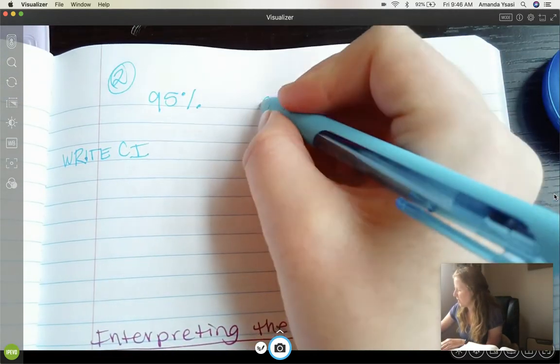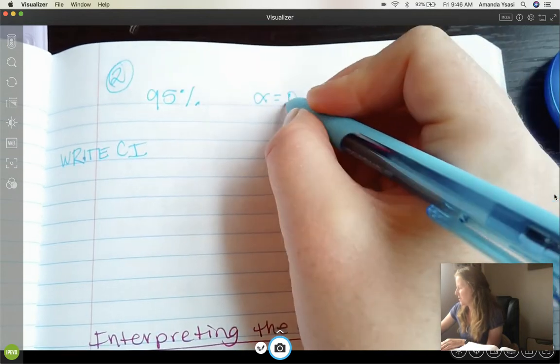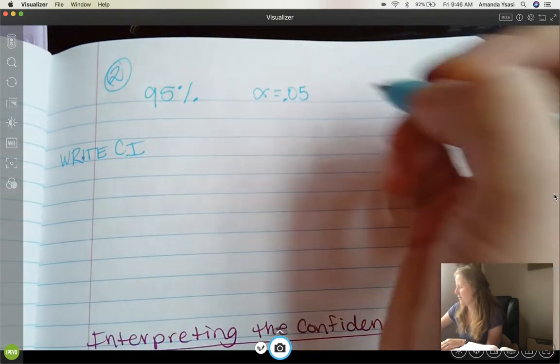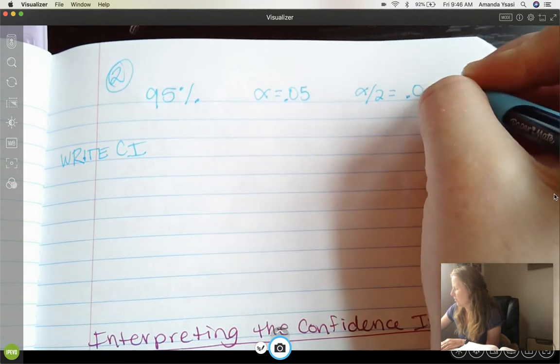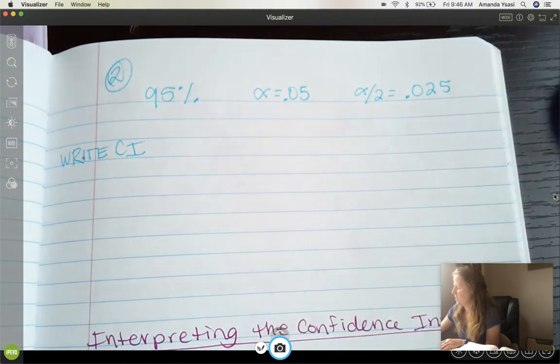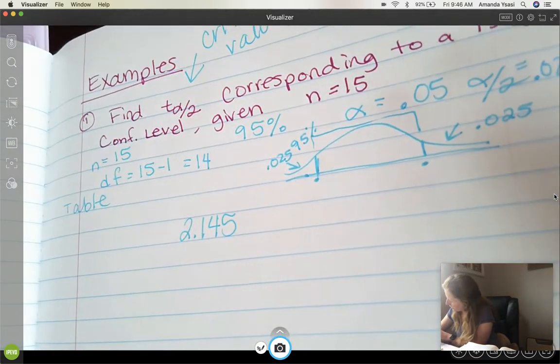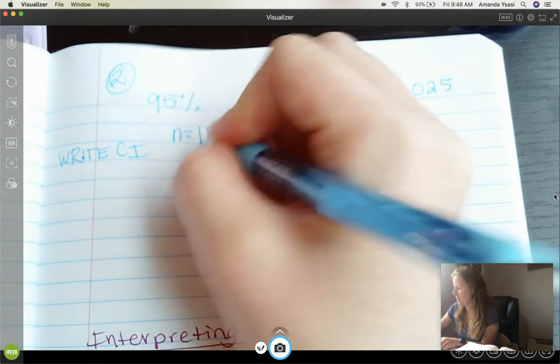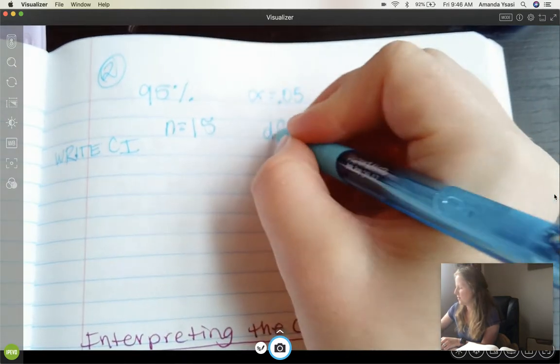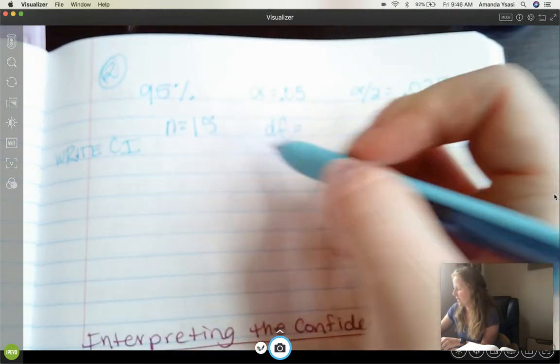So that means our alpha is 0.05 and our alpha over 2 is 0.025. So how many samples do we have? We have 15. So then our degrees of freedom is n minus 1, so it'd be 14.